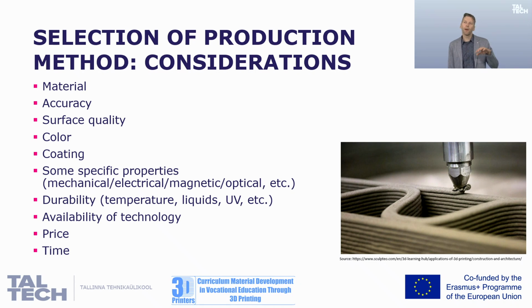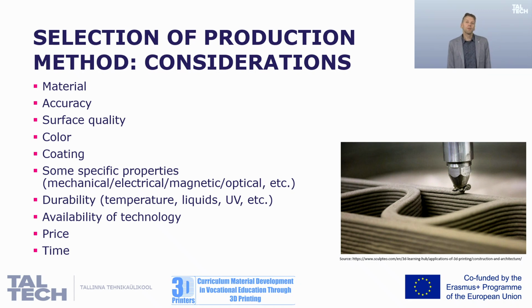Coating can be applied, or something that's put on top surface of the part to give some kind of properties to the surface, only to this surface. But from inside, the material is different. But it could be also this way, that we want a part to be without coating and with the same material with the specified color and so on.